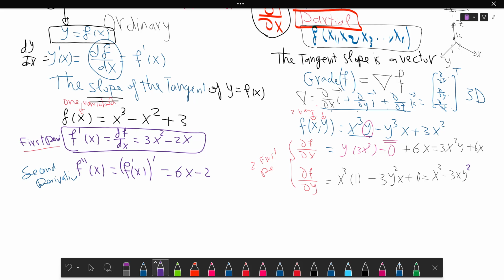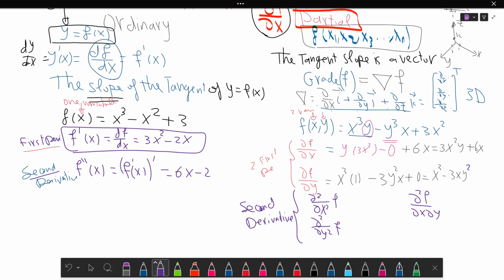Okay, let's go for the second derivative. What is the second derivative here? I have only one, right? But here, how many second derivatives? Again, I have the second derivative with respect to x, the second derivative with respect to y, and I have one mix between x and y.